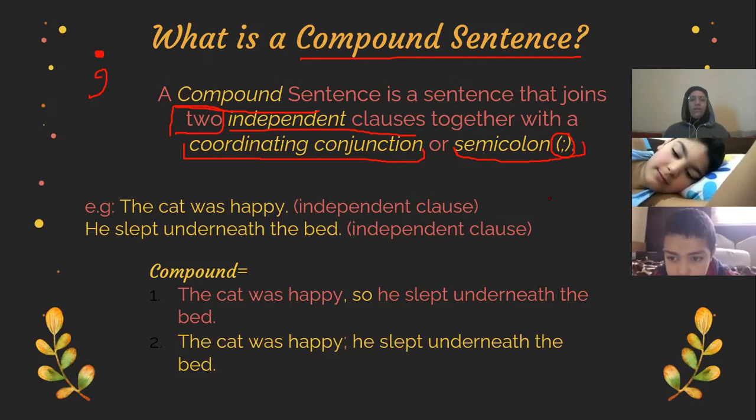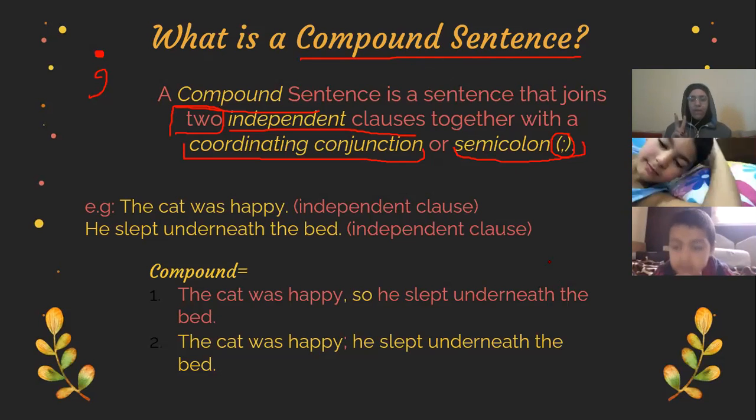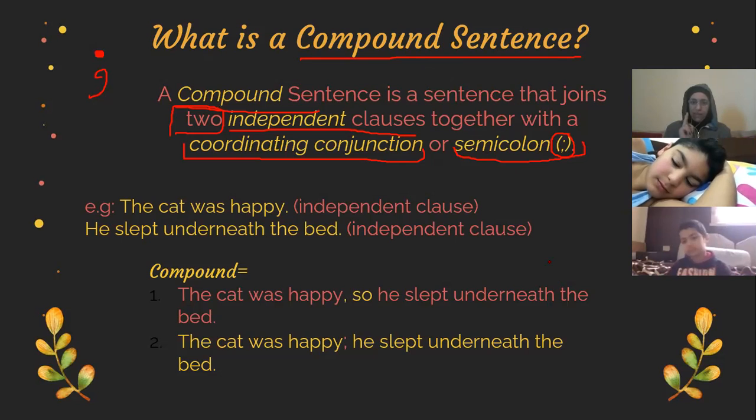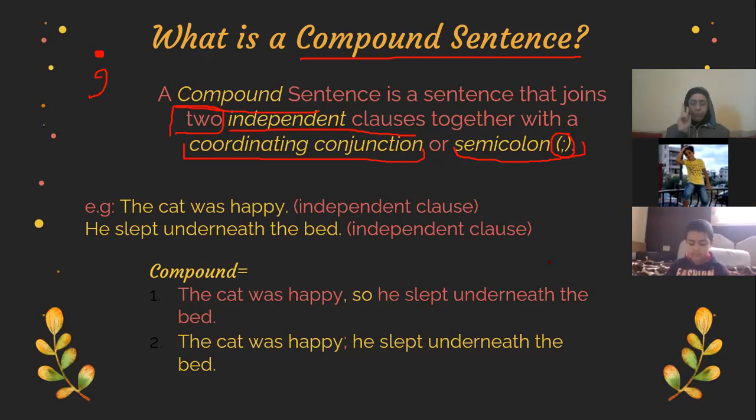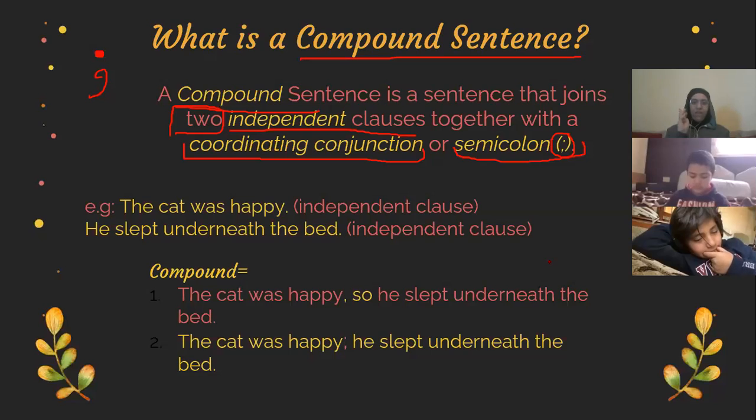So, guys, when I say two independent clauses, this means that I will have two subjects, two predicates, and two ideas. Since every independent clause has one subject, one predicate, and one idea, then if I join the two independent clauses together, I will have two subjects, two predicates, and two complete ideas.